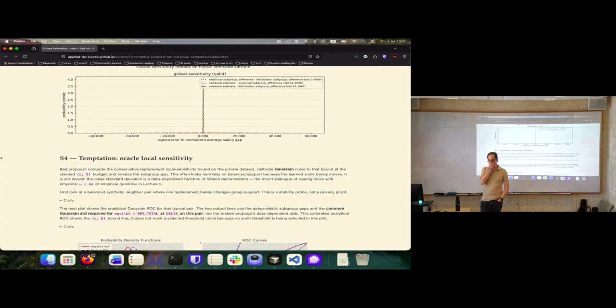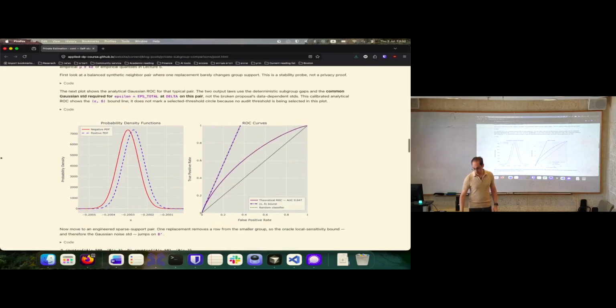So you might say, okay, I have the local sensitivity, I'll add noise that scales with the local sensitivity. Okay, let's see what happens. Here is an example for a typical data set, where the subgroups are defined by 6, so they're typically about half and half.